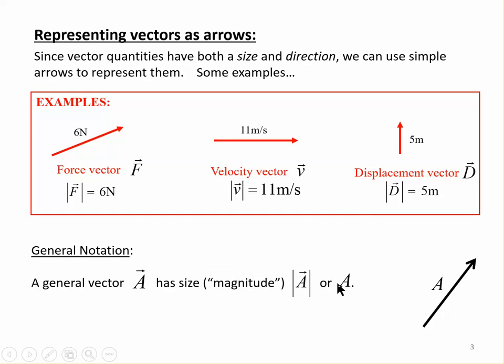Or sometimes people will just draw the vector A, but they don't actually put the arrow above it, and that indicates that you're just talking about the size of the vector A. So here's a vector A, and this is the magnitude of the vector. By the way, when you draw a vector and you put the magnitude above it, the magnitude of a vector is always a positive number. So you're not going to see a vector with a negative magnitude.